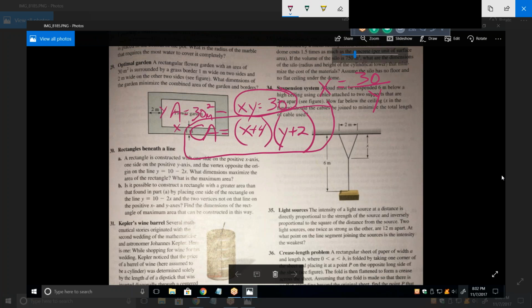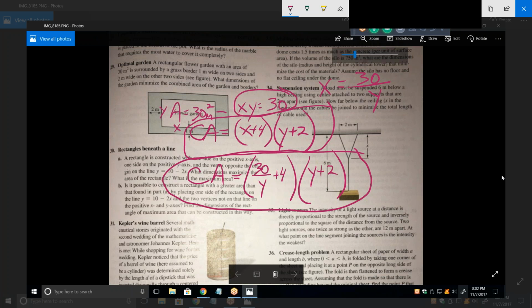Now, if I go into my combined area and substitute 30 divided by y wherever I see x, then I get 30 divided by y plus 4, times y plus 2. That is completely a function of y.